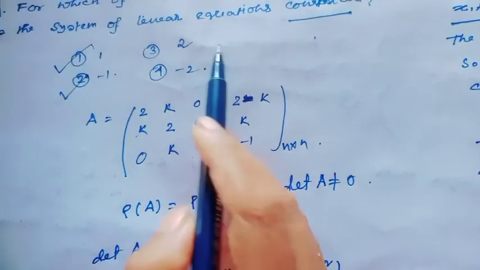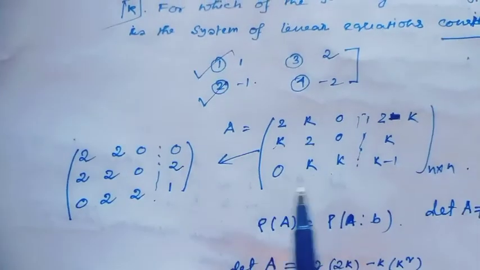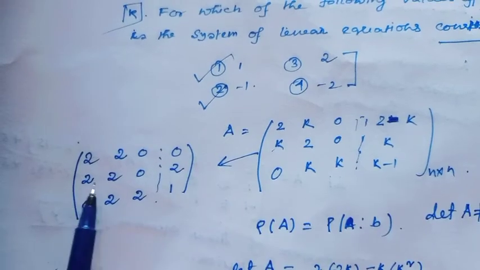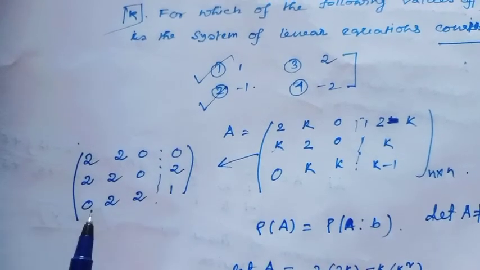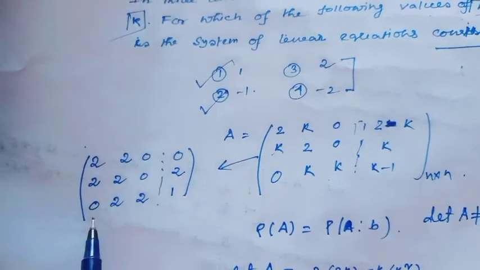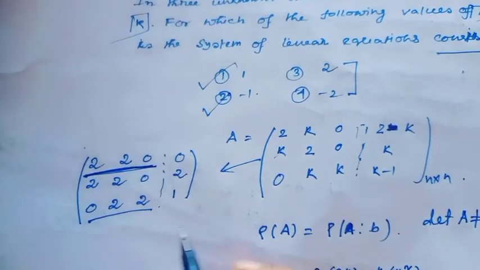Now I will check for the values 2 and minus 2. Just put the value k here, then the matrix reduces to 2, 2, 0, 2, 2, 0, here 2, 0, 2, 1. Okay, and notice these two rows are linearly dependent.